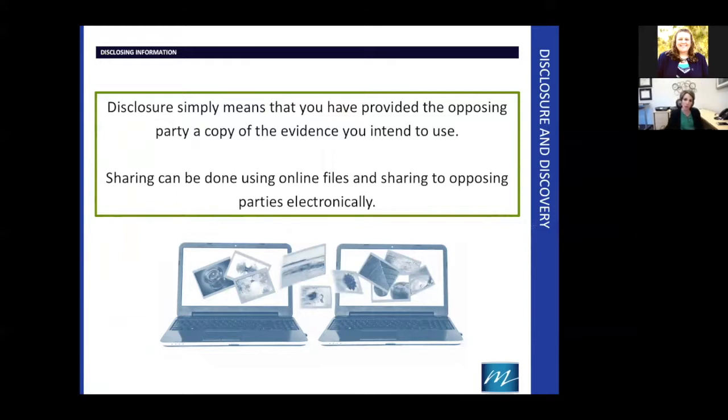But usually you want to start out with just sending a letter and saying, hey, here's Rule 49. Here's what you're required to disclose to me. Here was the date it was due, 40 days past when the response was filed, and I haven't gotten this, this, and this. Can you please give it to me by X date? Put your date in, give it another 2 weeks.